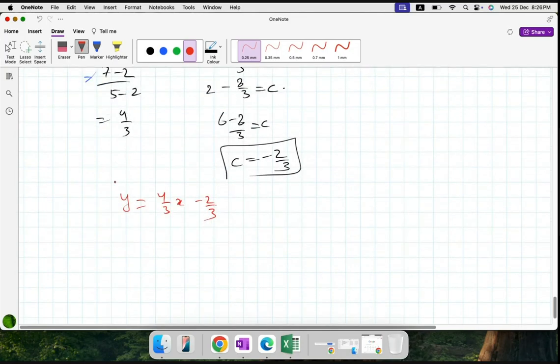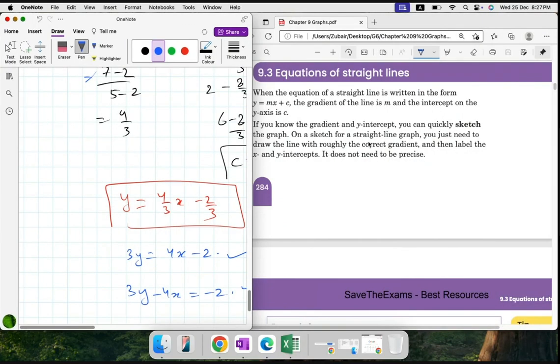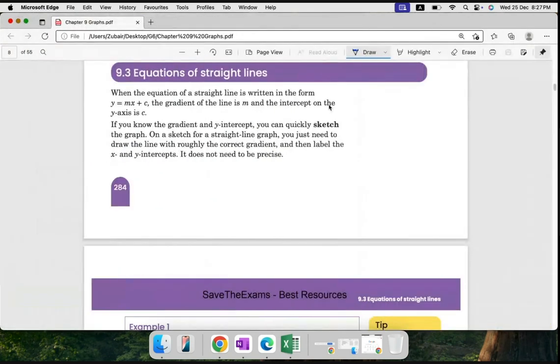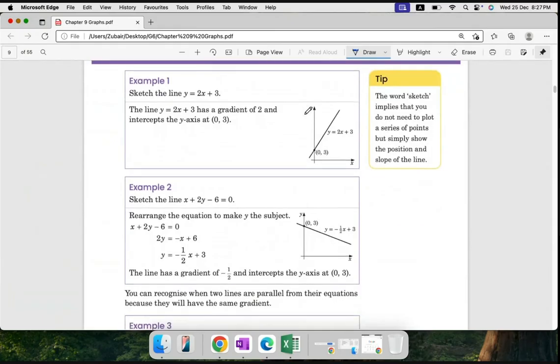Now this is acceptable, and you may wish to rearrange the equation by multiplying with 3 on both sides: 3y equals 4x minus 2, or any other form like 3y minus 4x equals minus 2. All are acceptable. So this is equation of straight line where m is the gradient and c is the y-intercept.